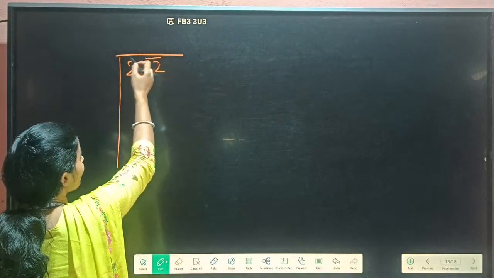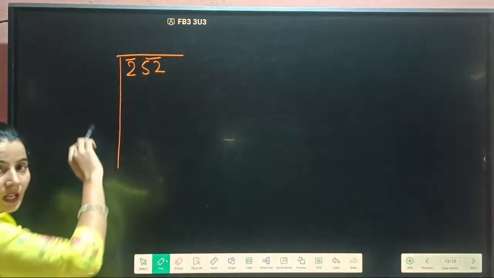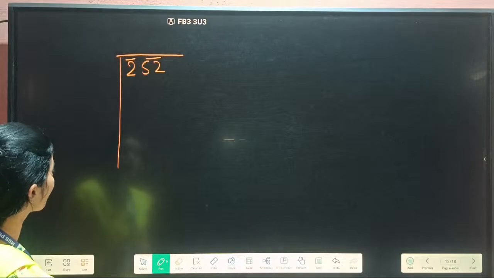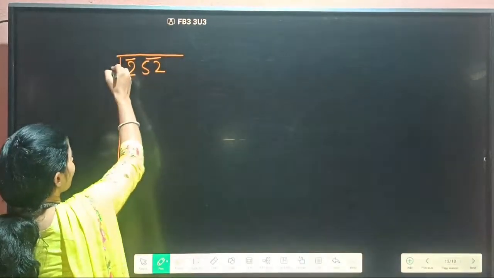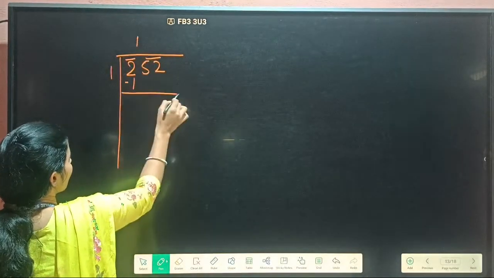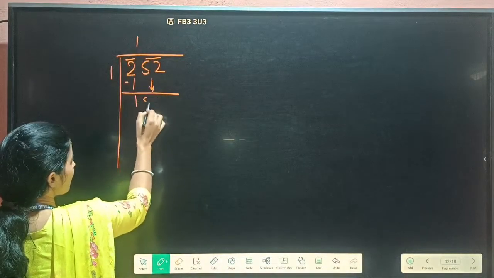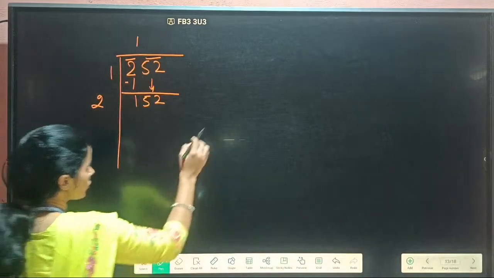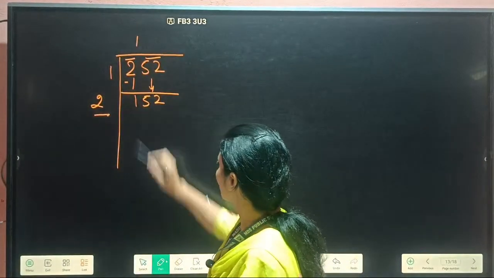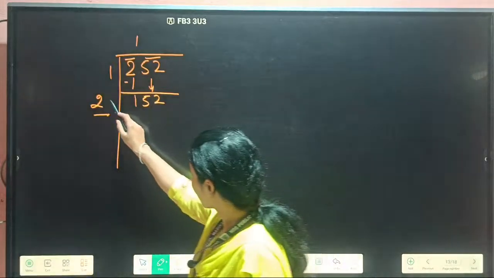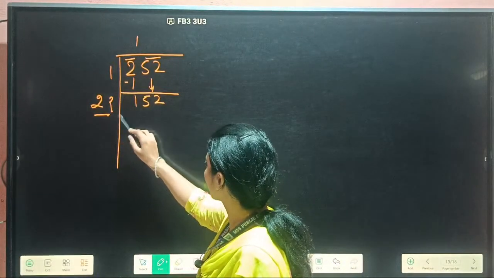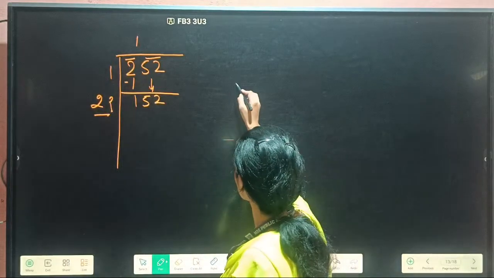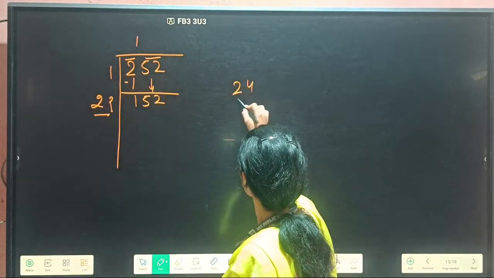We have to find the smallest number that must be added to this number so that it will become a perfect square number. And after that we have to find its square root also. So start pairing. It is 1 1 is 1. Remainder is 1. Next pair 52. Double of this quotient will be 2. Now check division of this number with your estimated digit, so that its multiplication is equal to or less than 152. Let us check with 4.